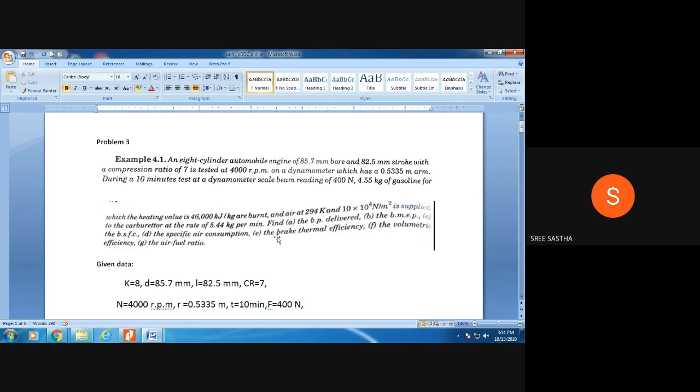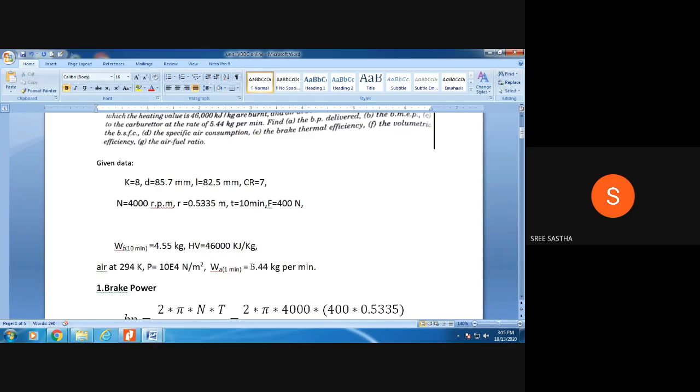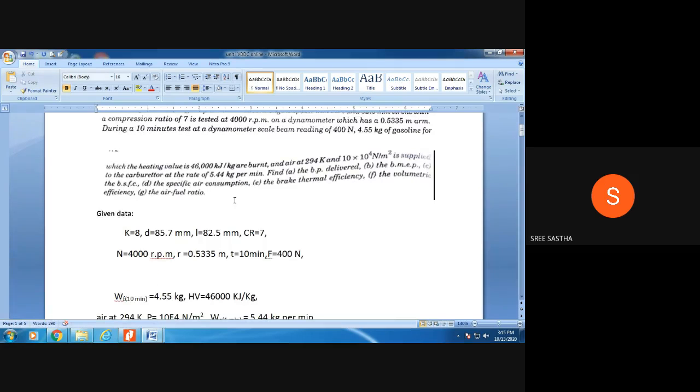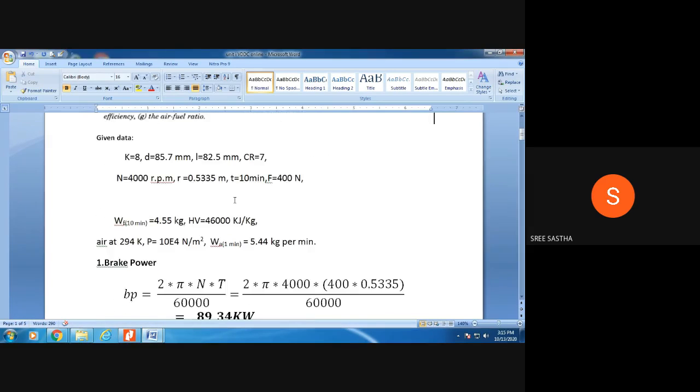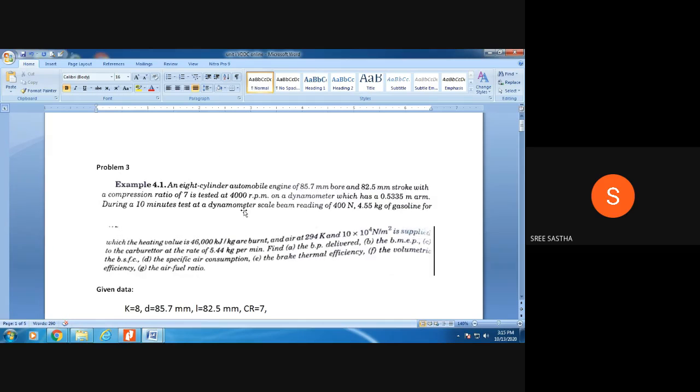So they will ask only up to brake thermal efficiency. They will not ask volumetric efficiency as well as air fuel ratio. If mass of air is not given, we can't find volumetric efficiency and air fuel ratio. So the problem will be simplified. But this problem includes all the values. So it is a complicated, lengthy problem, and if you are able to solve this, you will be able to solve all the types.